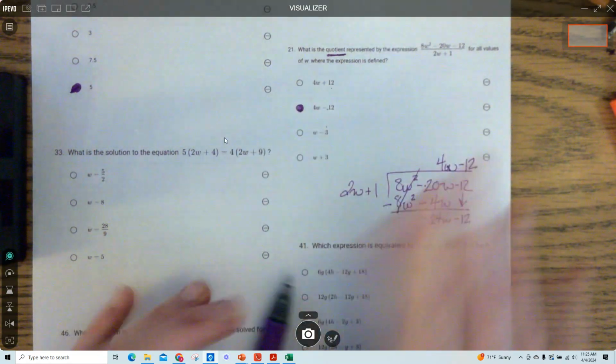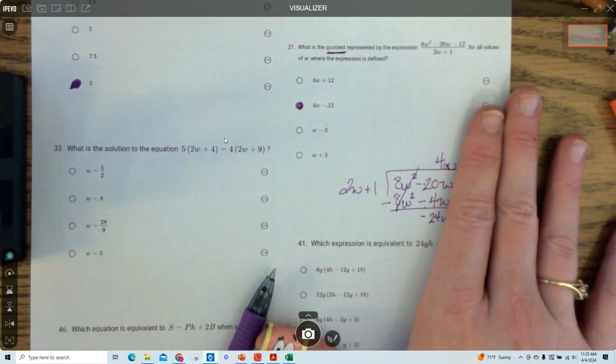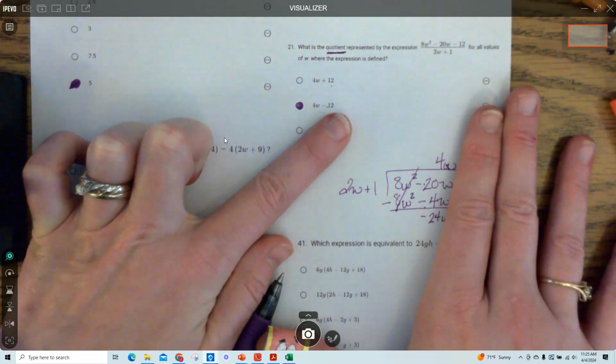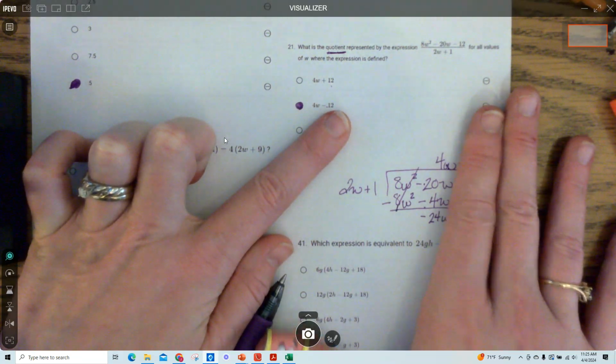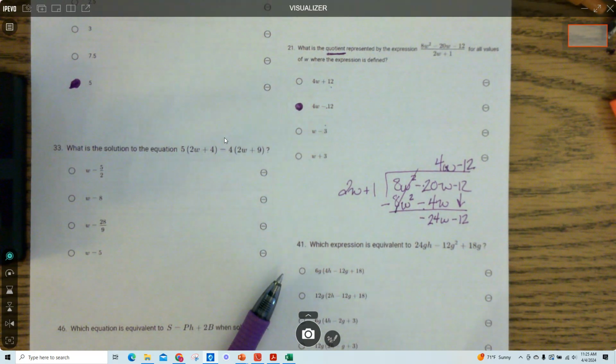But look what else. Even if you just got the first piece, could you eliminate answers? Yes. Absolutely. Hey, guessing out of 2 is better than guessing out of 4. And then if you know how to do the final piece, then you can get to the final answer. But even if you can only do half a problem, that's something. Okay? Don't give up. Try something.